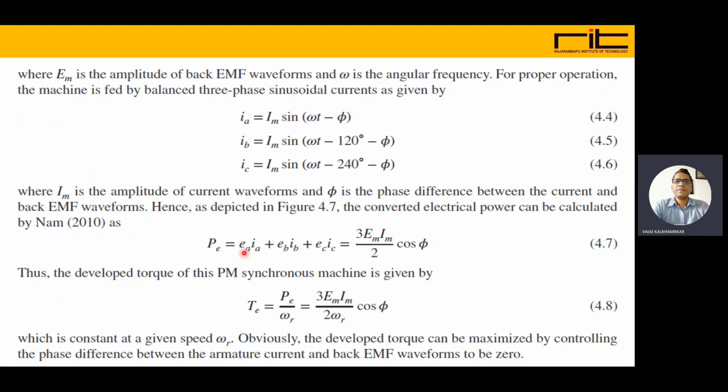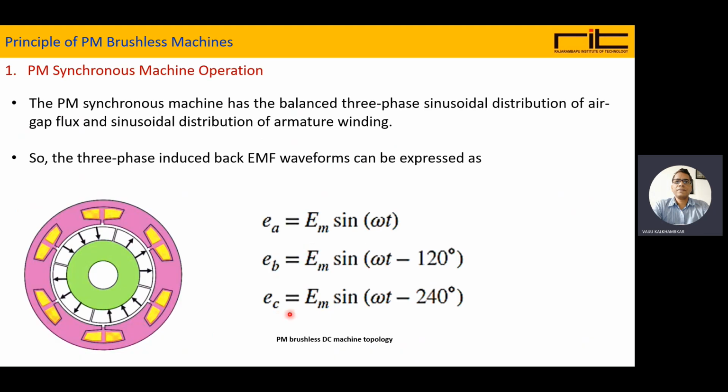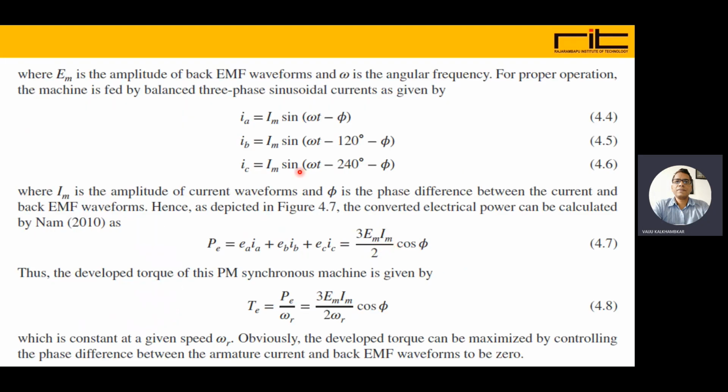So EA into IA for phase A plus EB into IB for phase B plus EC into IC for phase C. If you put these corresponding equations, that is EA, EB and EC equations, in these sinusoidal forms, and IA, IB, IC in this form with sine values, then after simplification, that is sin into cos, and solving, we can get 3 Em Im by 2 into cos phi.